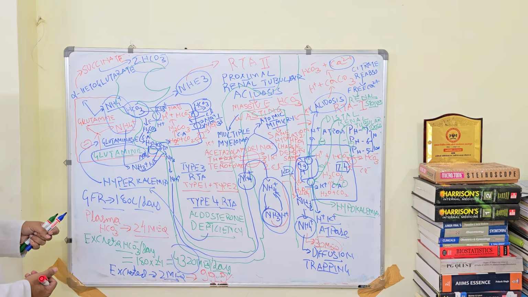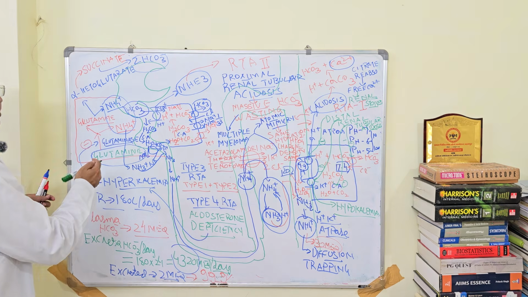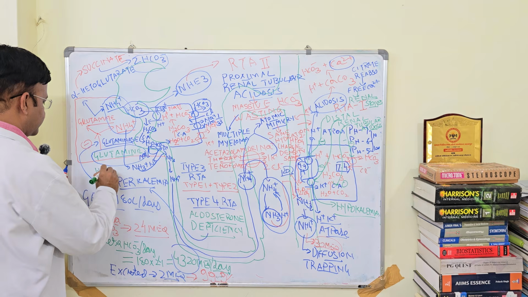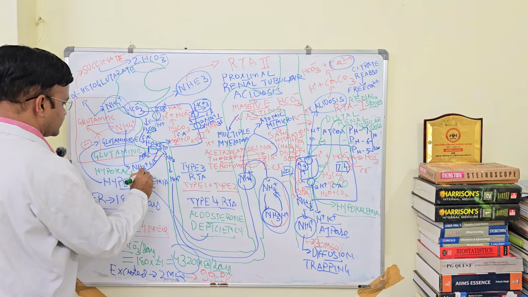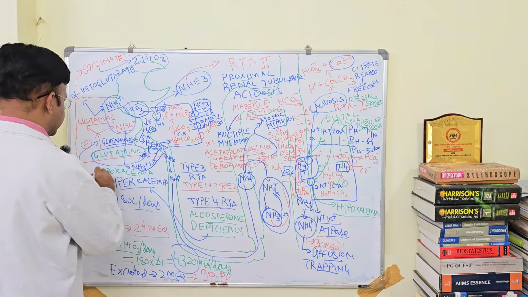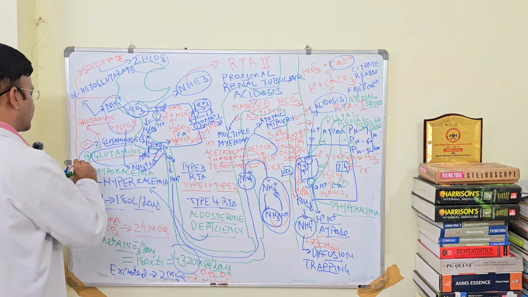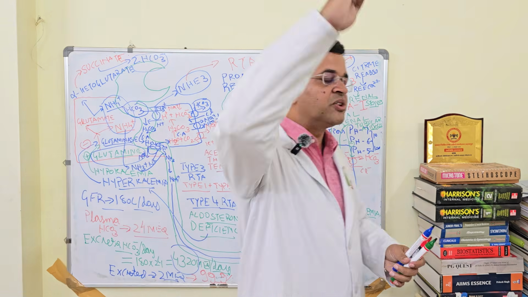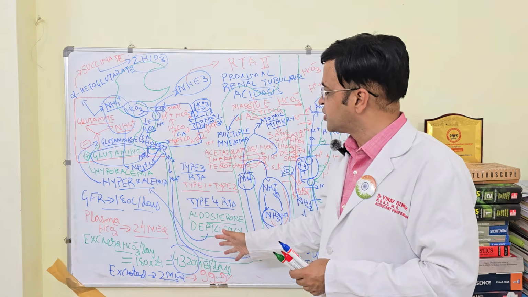Because glutaminase is being inhibited, and hypokalemia is going to stimulate your glutaminase. It's a very important concept, right? Hypokalemia will stimulate. It's a very important concept that a rise in aldosterone will lead to alkalosis, but a fall in aldosterone will lead to acidosis.